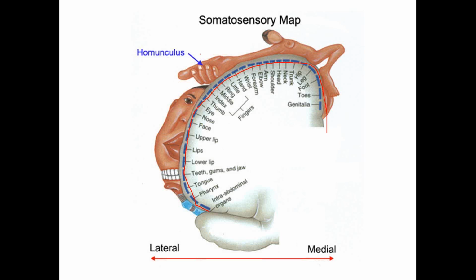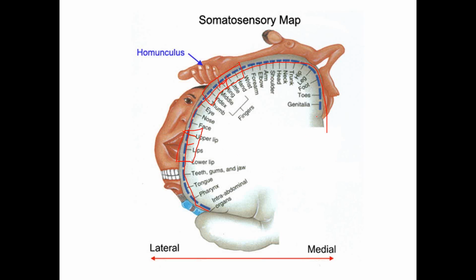Look at the size of the hand here. The hand's big because a significant portion of the cortex is there to do with the hand. Now look at the lips. They're huge. That's because a significant portion of the brain surface here is responsible for the lips.